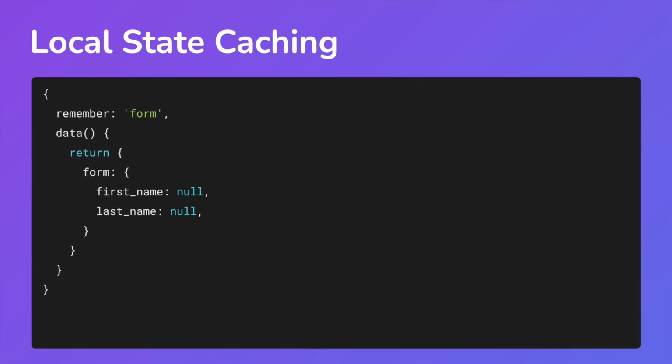Inertia provides a view component attribute called remember. You can use it to tell Inertia which data attributes should be cached. You can provide a string, array, or even an object as a value in order to specify the data properties that should be cached. Please note that if your page contains multiple components, you need to provide a unique key for each component.